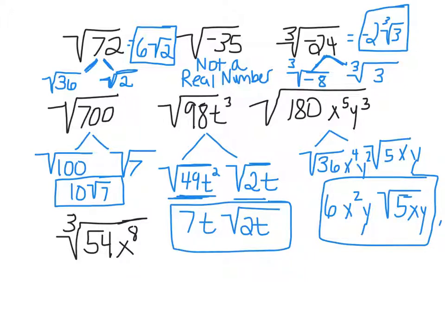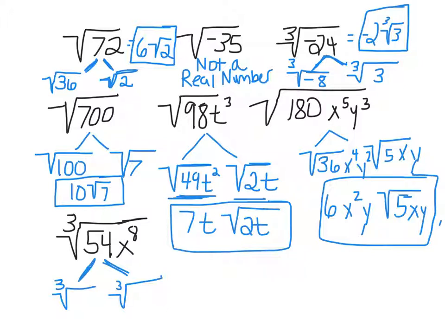So in this case, 54 is not a perfect cube, so I'm going to break it up into 2 different radical expressions. So when I do that, 54, how can I break 54 up? One factor needs to be a perfect cube.